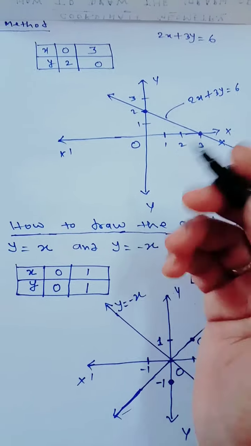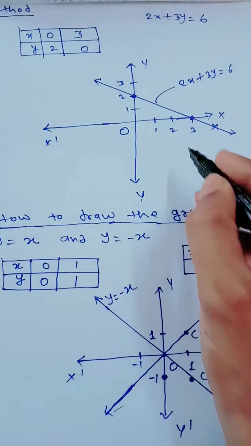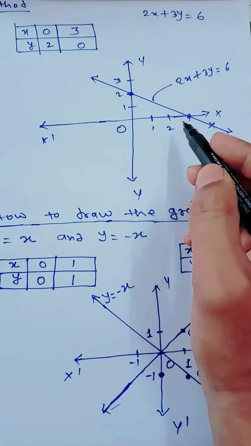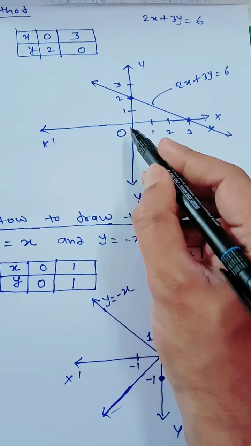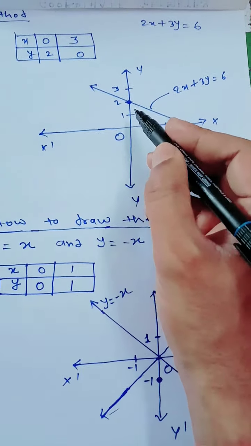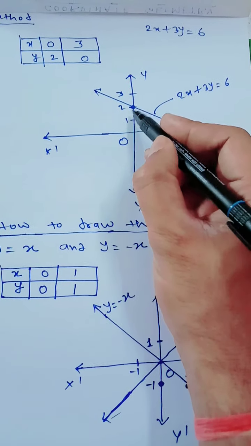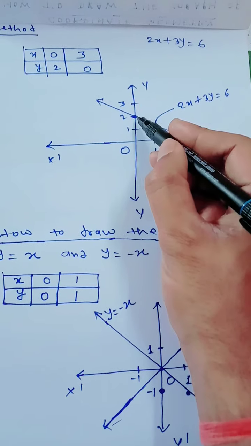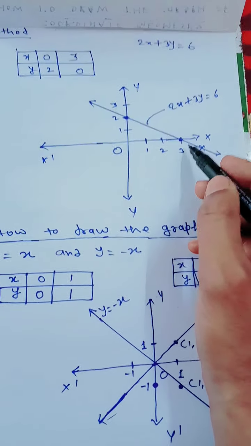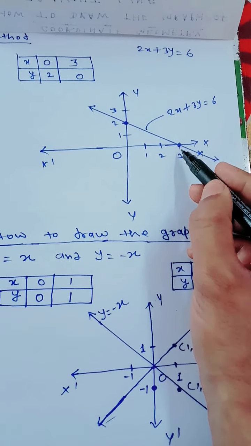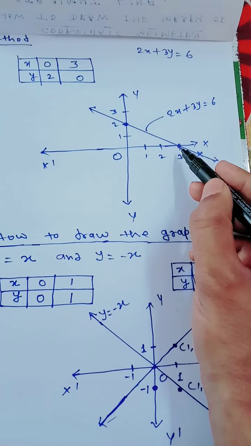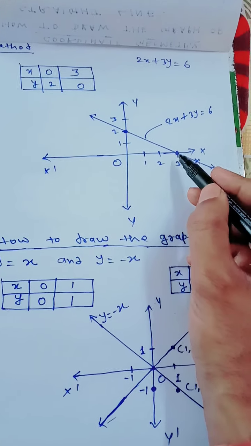If x equals 0, the point will be on the y-axis, and if y equals 0, you will get a point on the x-axis.